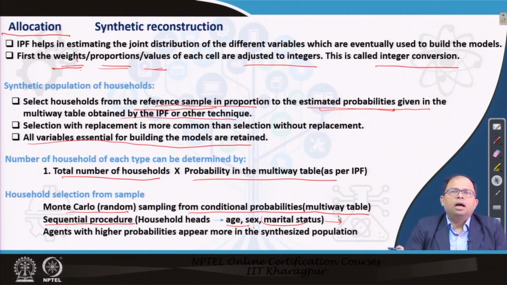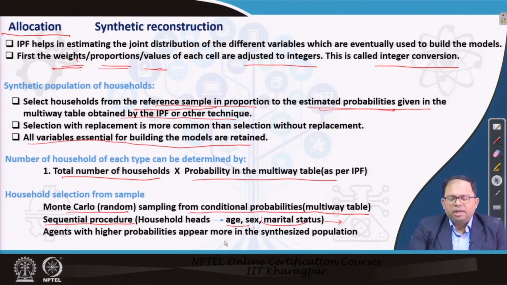For example, in case of a household, if I want to determine the mode choice, then probably first we need to determine the household head, then if he is employed, then if he is going to go to his office in a particular location, then comes the mode choice. So we determine the sequence in a particular order based on the requirement.